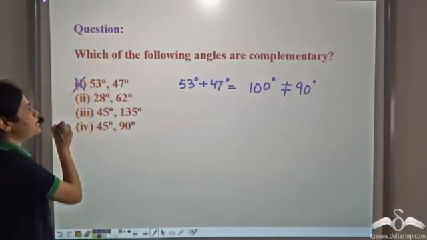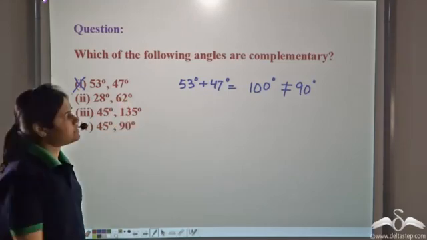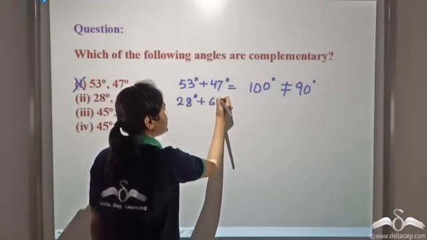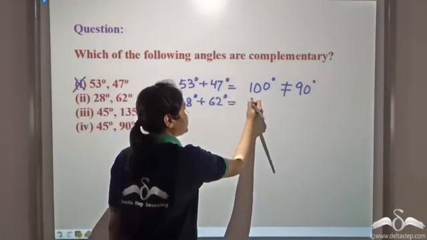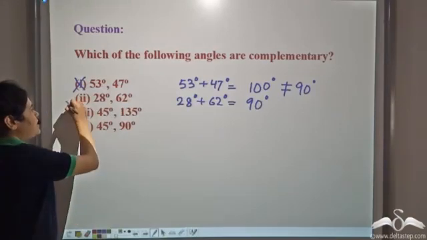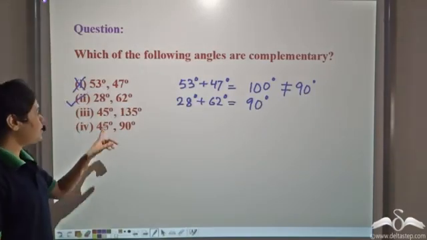Hence, these angles are not complementary. 28 and 62. 28 degrees plus 62 degrees is equal to 90 degrees. So we can say that these angles are complementary angles.